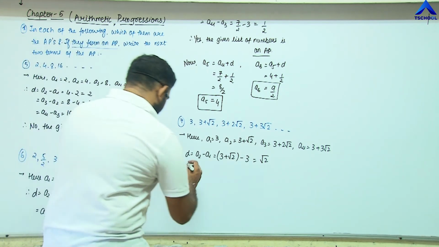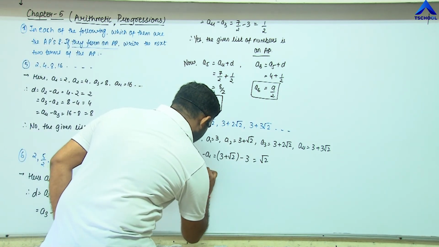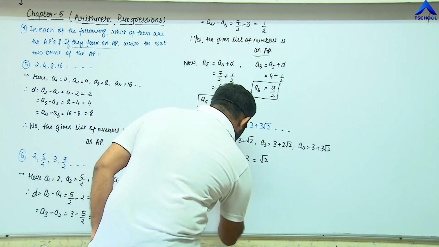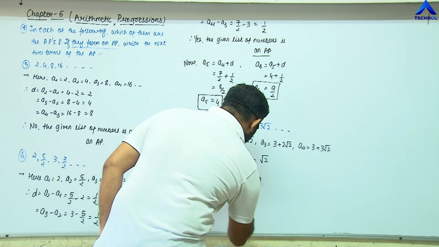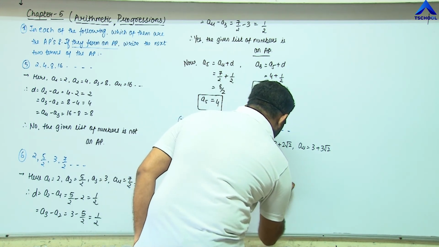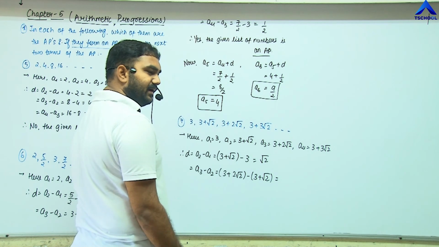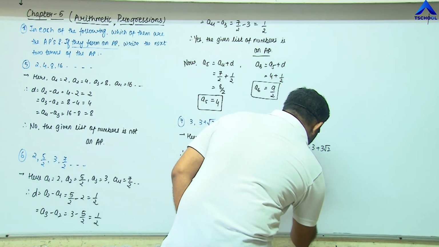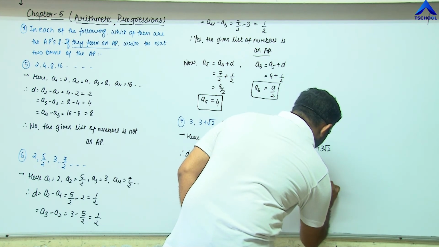That is also equal to A3 minus A2, which is 3 plus 2 root 2 minus (3 plus root 2), right? So if you open the bracket, that will give me 3 plus 2 root 2 minus 3 minus root 2.